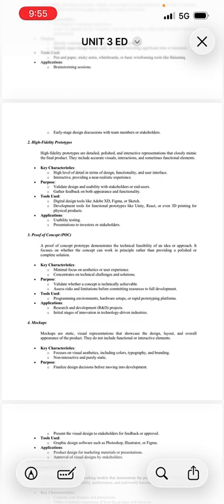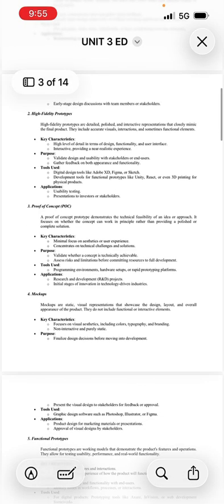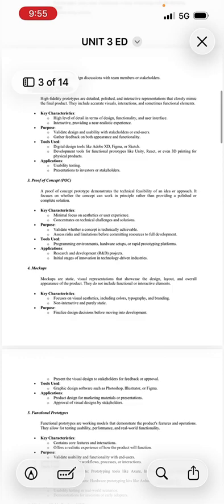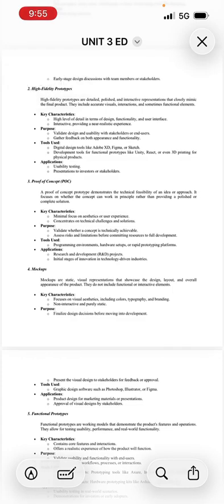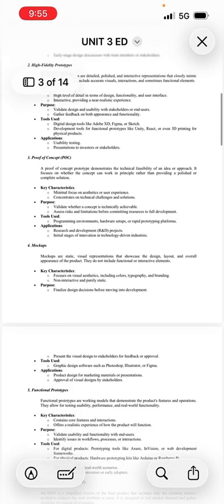They are non-interactive and purely static, and serve as the final design decision before moving into development. The tools used here are graphic design software such as Photoshop, Illustrator or Figma. The applications are product design, marketing materials or presentations, and approval of visual designs by stakeholders.